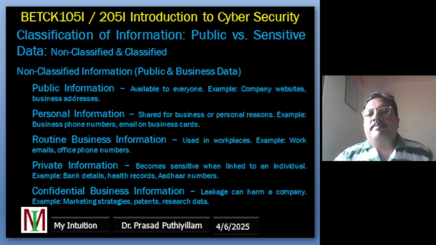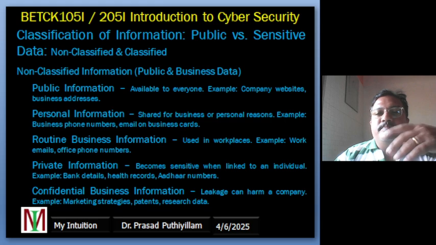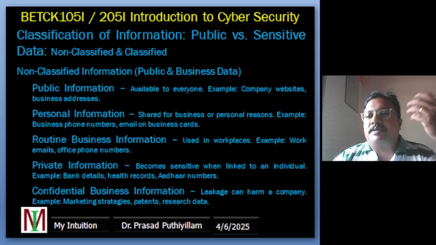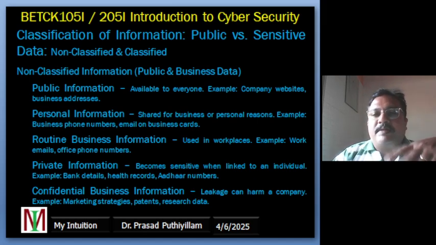includes the data which is commonly shared in public or business environments. Public information is available to everyone, for example the company website, the business address, public records that everyone knows. Personal information is shared for business or personal reasons, like phone number, email address, or business cards.